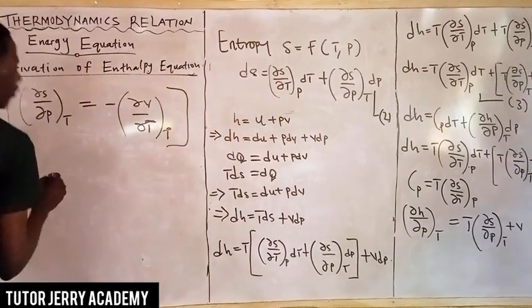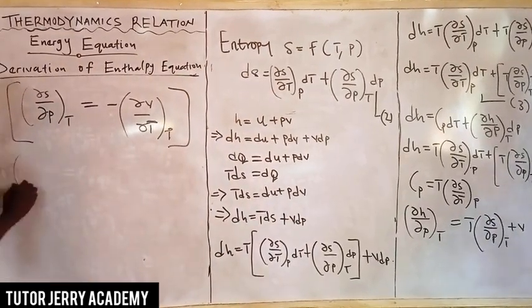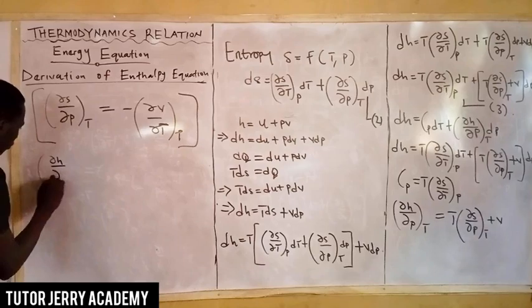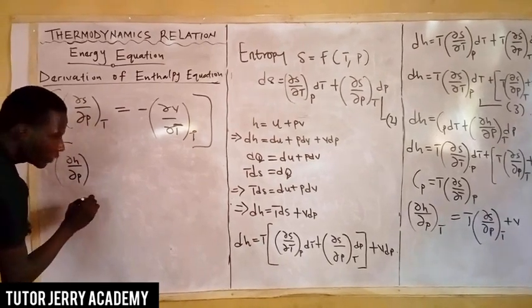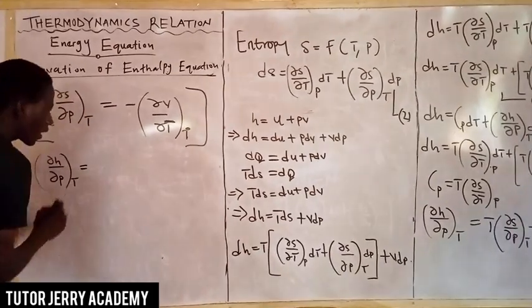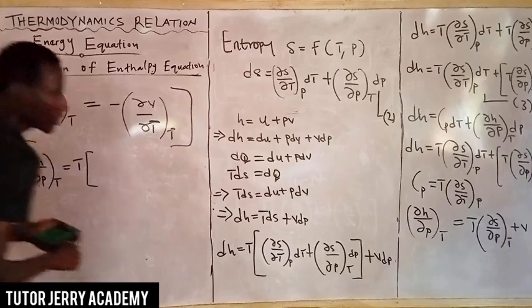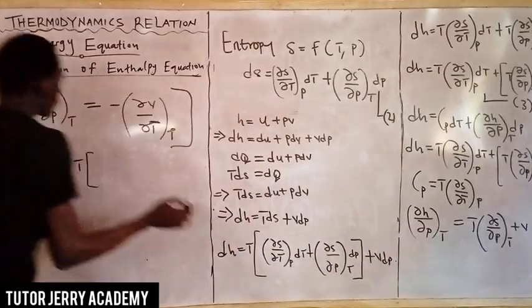If we do that, we are going to have the bracket of the partial derivative of H over the partial derivative of P, keeping T constant, equal to T, and for this value here we substitute this.